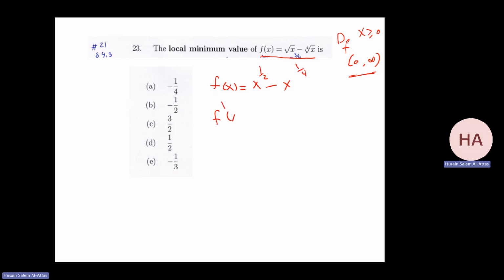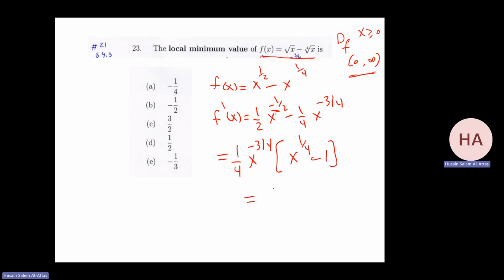So f prime will be half x to the minus half, minus 1 over 4 x to the minus 3 over 4. The common factor is 1 over 4 x to the minus 3 over 4. This one will be x to the power 1 over 4, since 1 over 4 minus 3 over 4 is minus 2 over 4, which is this. So that's correct. Minus 1. So I have the fourth root of x minus 1, over 4 x to the power 3 over 4.